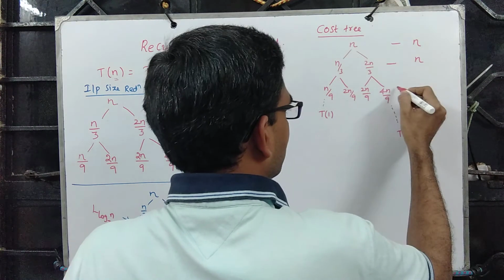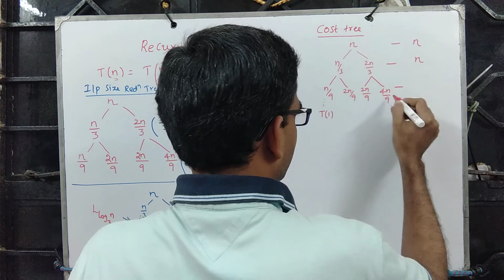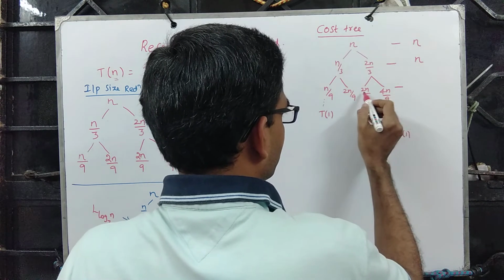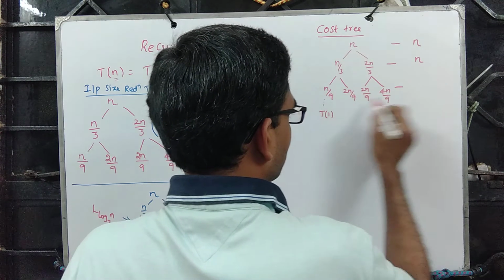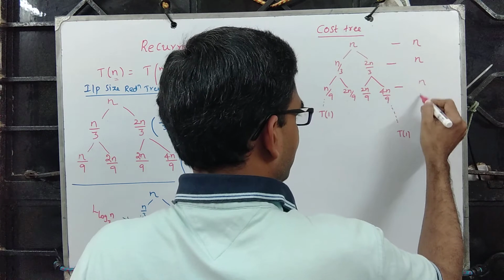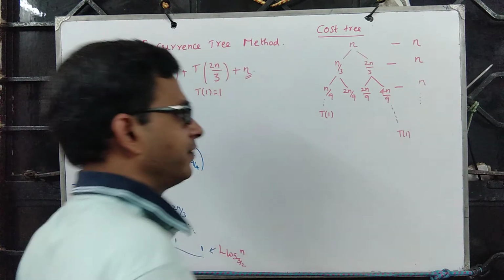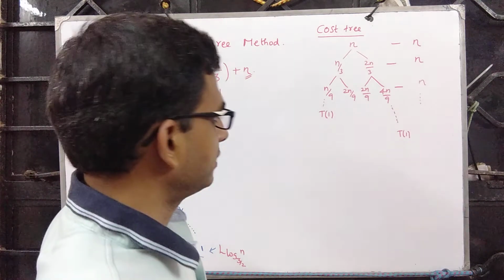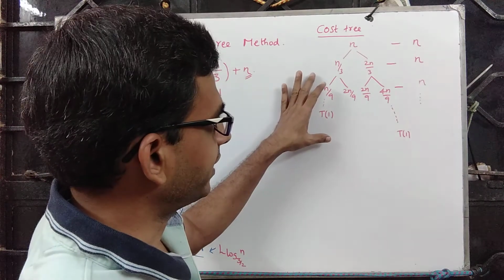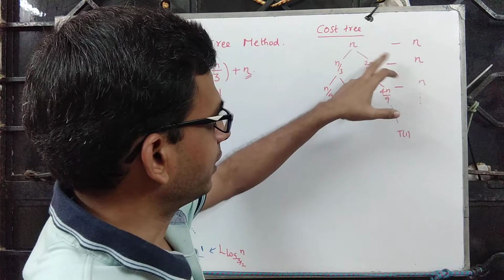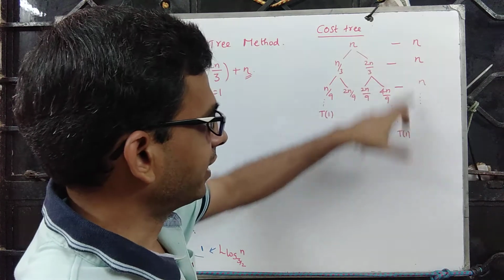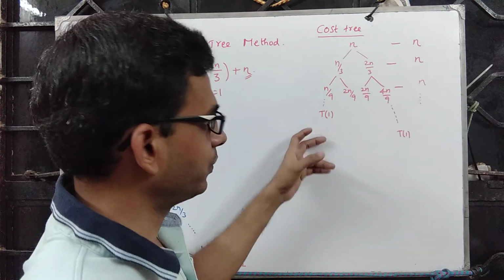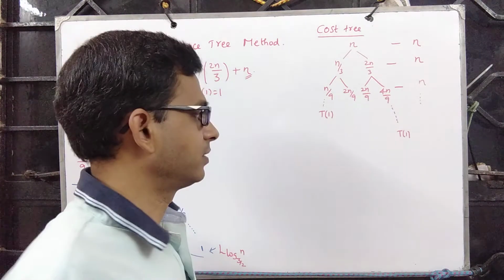This is also n. So cost from this is, you see that 4, 6, 8, 9. This is also n. So we keep getting n everywhere. But most importantly, this is not a complete binary tree where you look at n at each level and n into the number of levels.